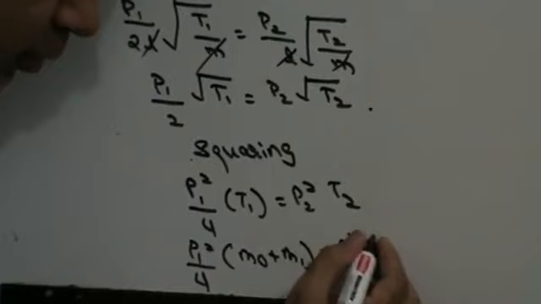T1 can be written as m0 plus m1, which is equal to P2 square into m0 plus m2. You know P1, you know m1, you know m2. The only unknown in this equation is m0. You should be able to get the value of m0. The answer for this sum should be, when you solve this, m0 is 1 gram.